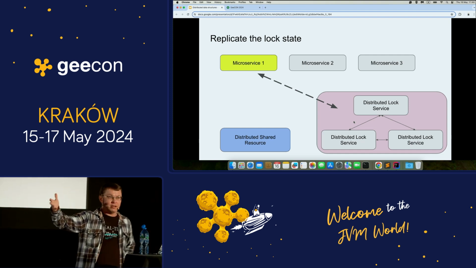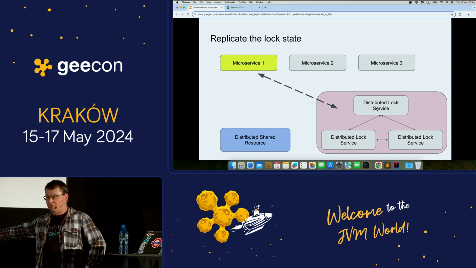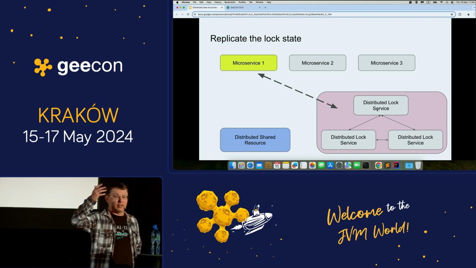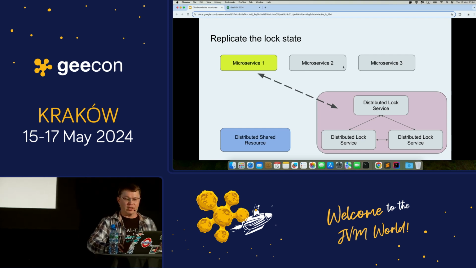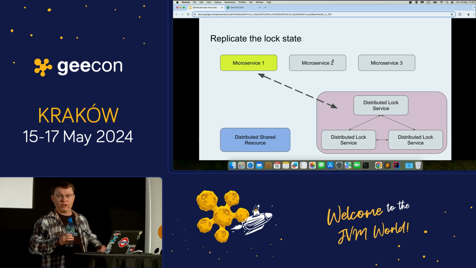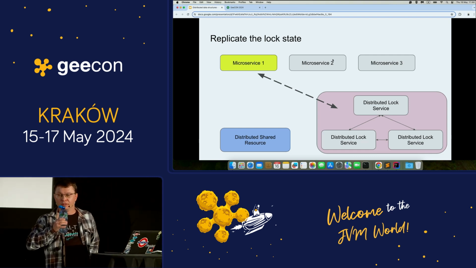If some instances of the lock service died or restarted, it shouldn't affect the other microservices or the platform. So how could we implement this distributed replicated lock solution?